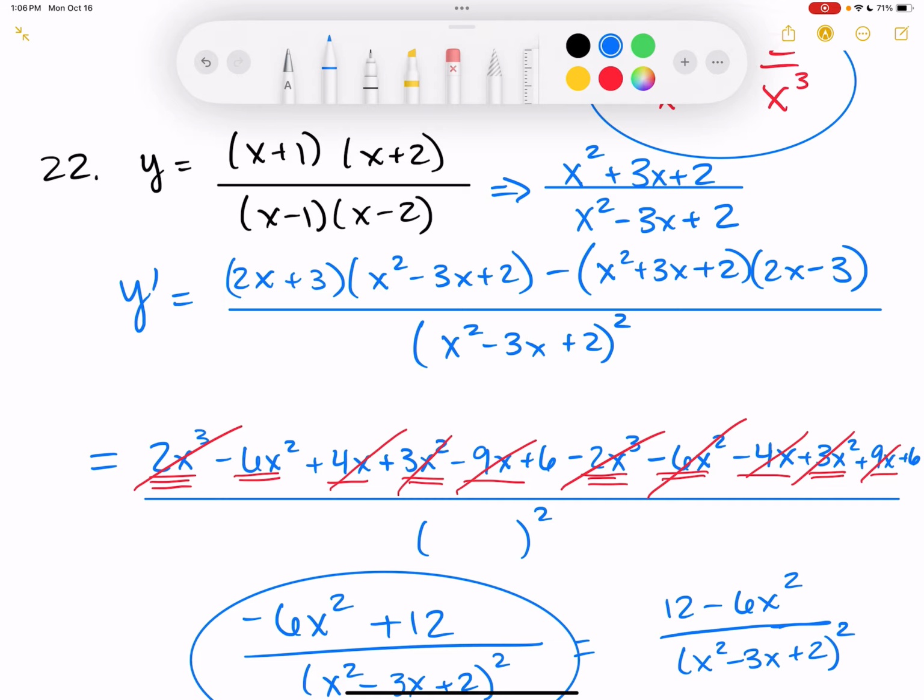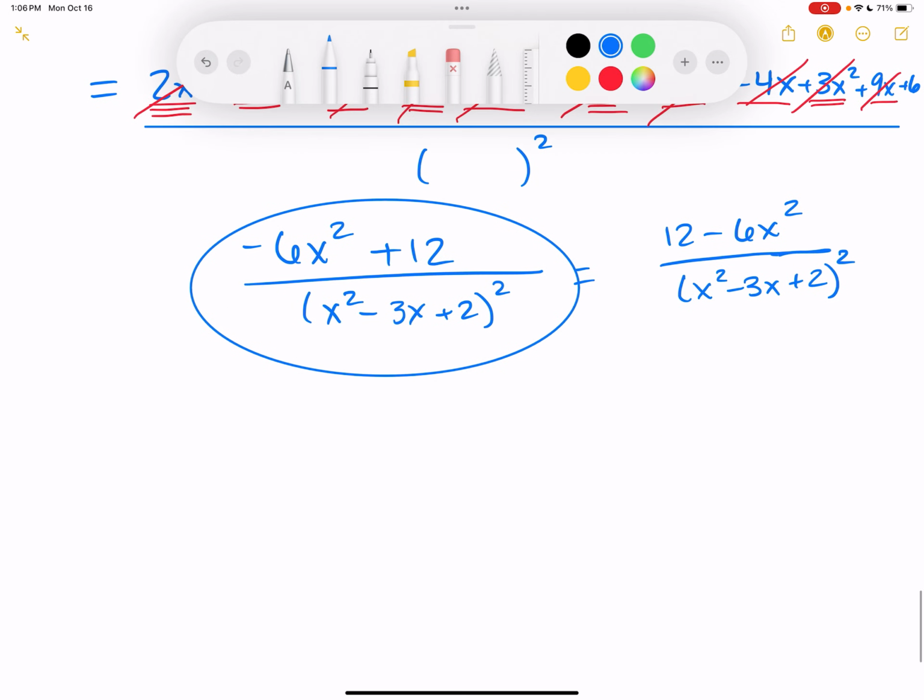So again, on the exam, they could have potentially left this in factored form on the bottom. The top might look like this and the bottom might have been x minus 1 times x minus 2 squared, the whole thing squared. So just things to look for when you're doing a multiple choice question. Don't be alarmed if your answer isn't there. See if it's written in a different way.